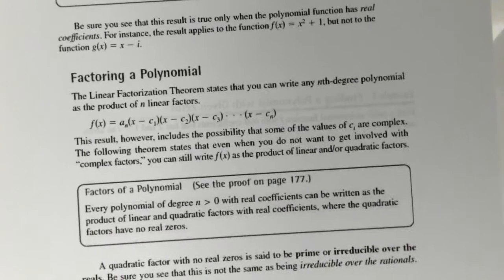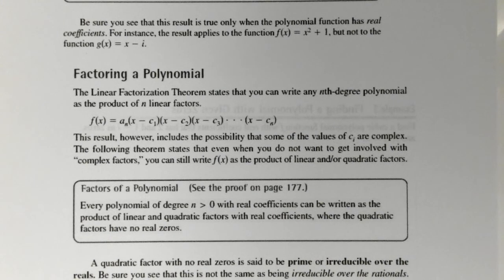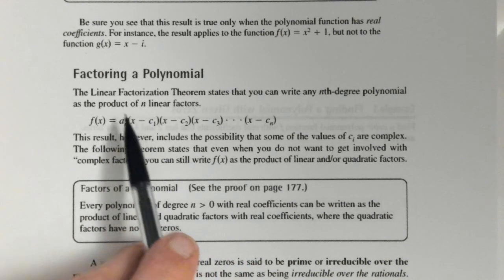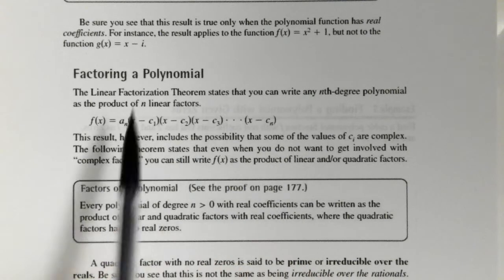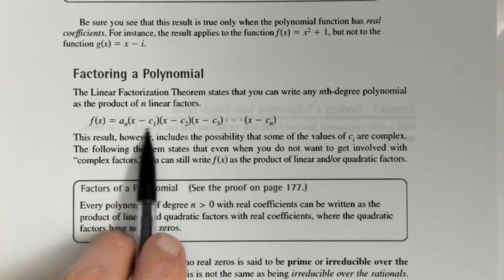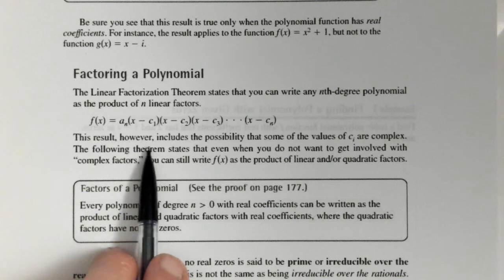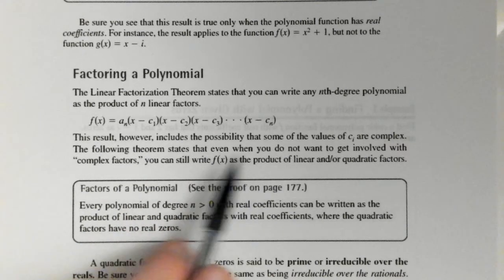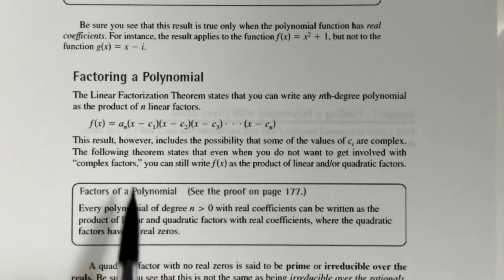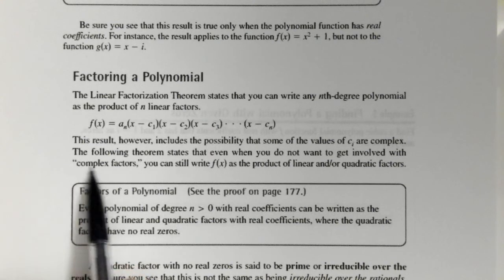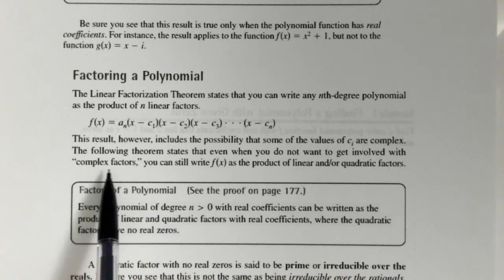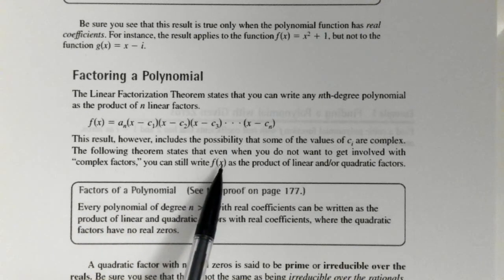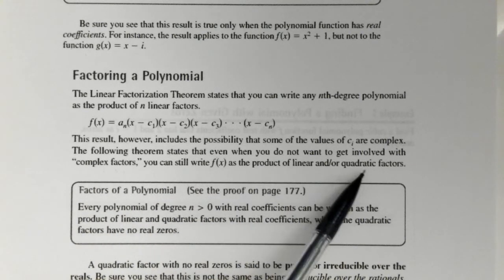All right, so next thing that we are looking at here is talking about factoring a polynomial. So remember, linear factorization says you can write any nth degree polynomial as a product of linear factors. Okay, however, this includes the possibility that some of the values are complex, and so this theorem states that even if you don't want to get involved with the complex factors, then you can still write f of x as a product of linear factors.